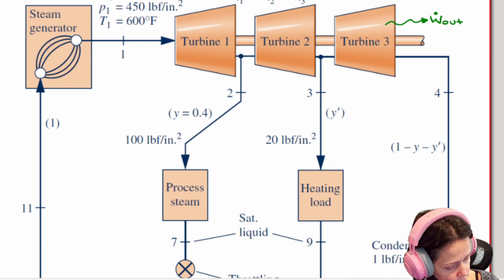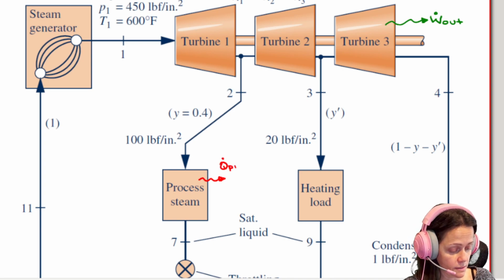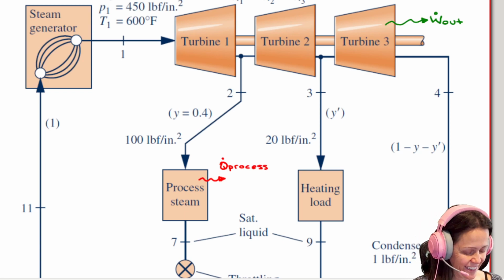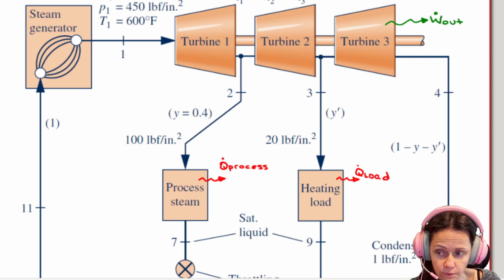We have process steam. That's going to be going somewhere, but it's a Q dot out. We'll call it Q dot process because I'm not feeling very creative at the moment. And then we've got a heating load. So there's a process steam and there's a heating load. So I'm just going to call this Q dot load. Perfect.